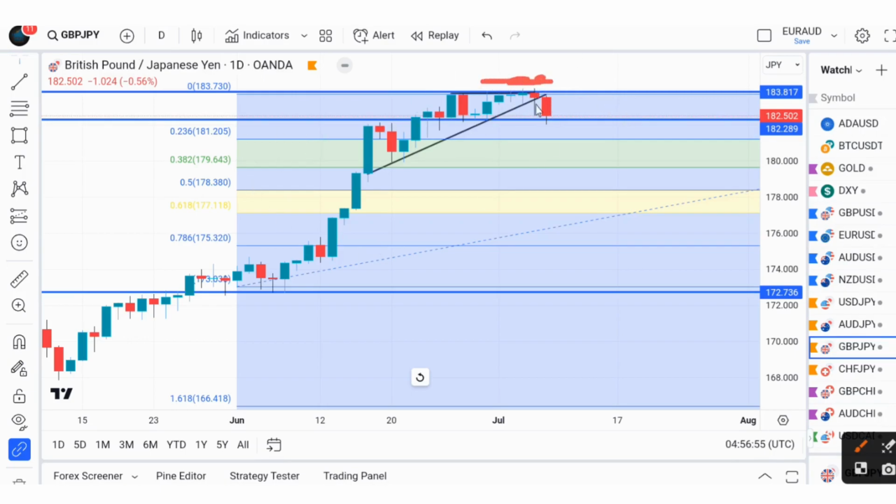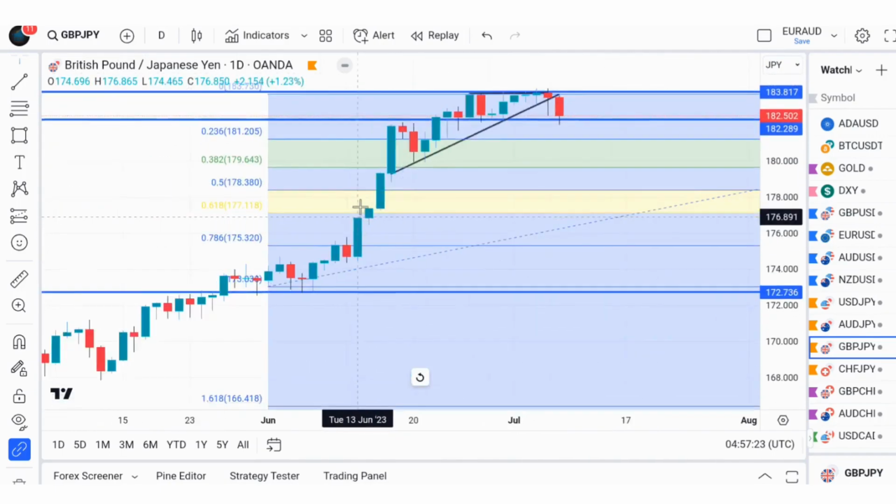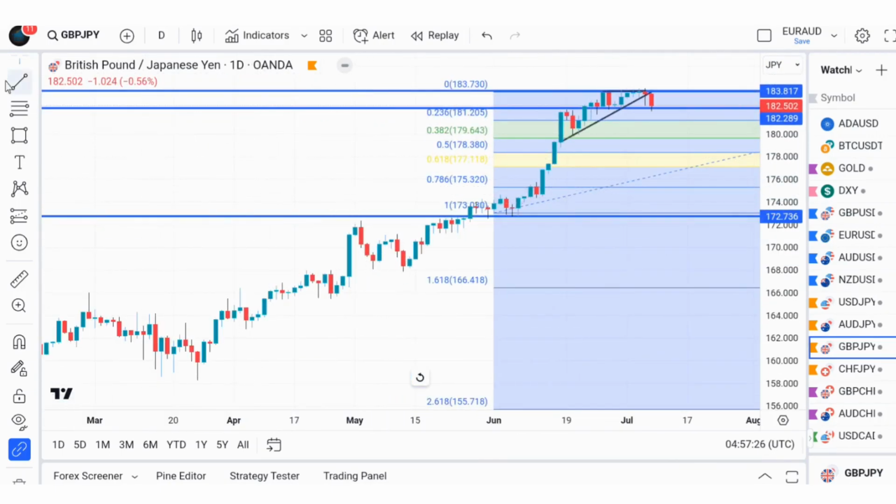But if it's still below this level, because we have various candle closes below this particular level, especially in this daily time frame right here, and then we have a reversal move here. So I'm still looking for more move to this particular level right here, or to this 78.6 Fibonacci retracement level right there before any upside move in the GBP.